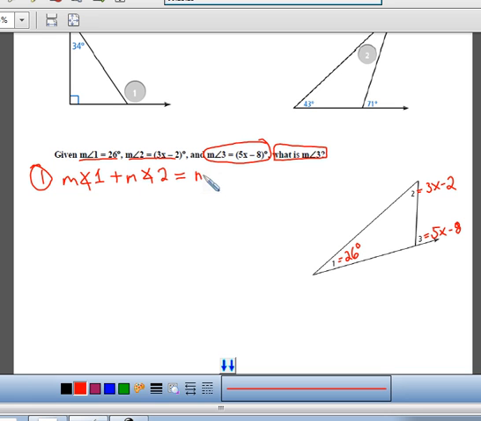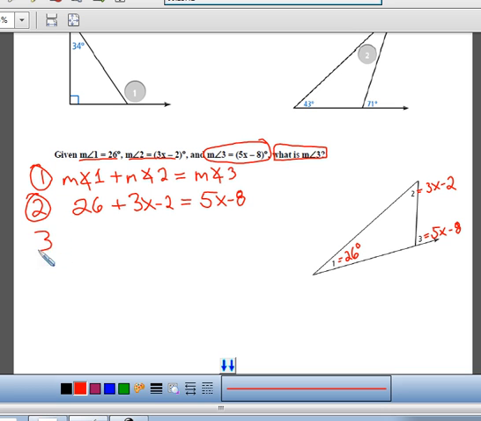Equals the measure of the exterior angle. So the sum of the interior angles is equal to the measure of the exterior angle. Now plug in the numbers, or the expression. So angle 1 is 26 degrees, angle 2 is 3x minus 2, and angle 3 is 5x minus 8.